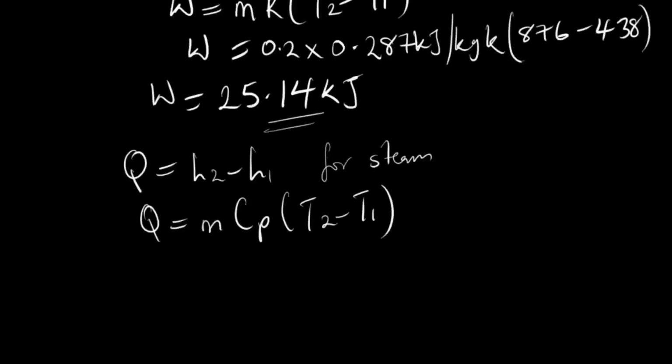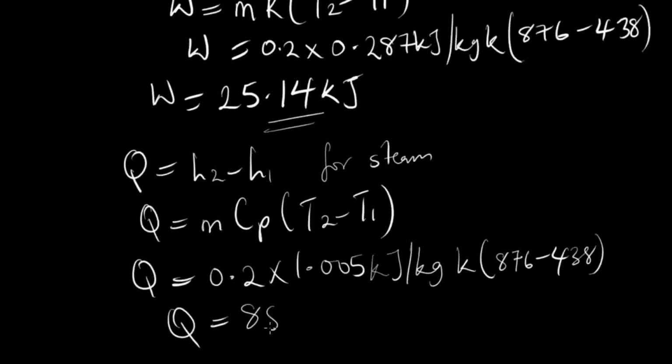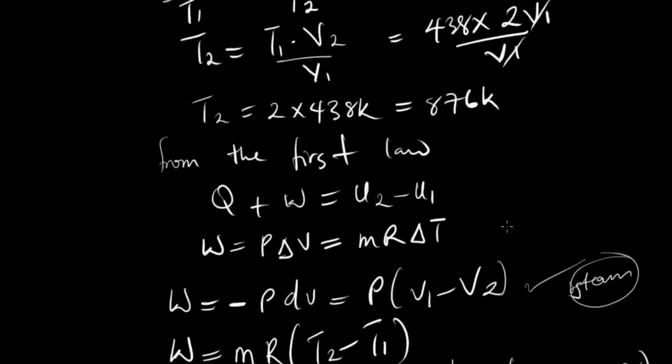So 0.2 times the value of Cp, which is 1.005 kilojoules per kilogram Kelvin, times 876 minus 438. So finally our heat transfer is 88.03 kilojoules.